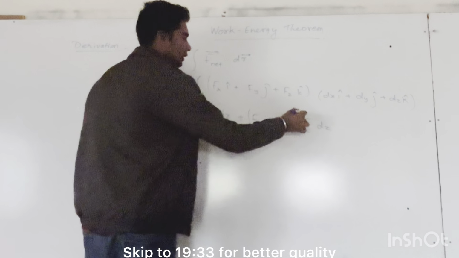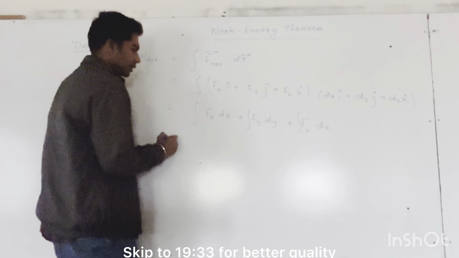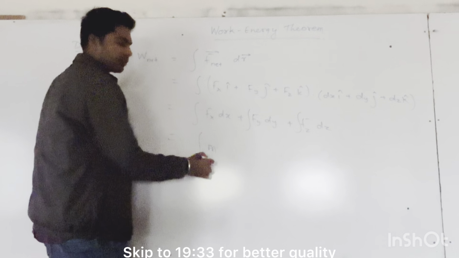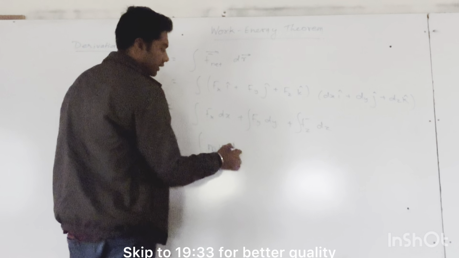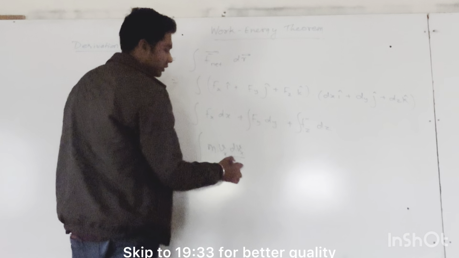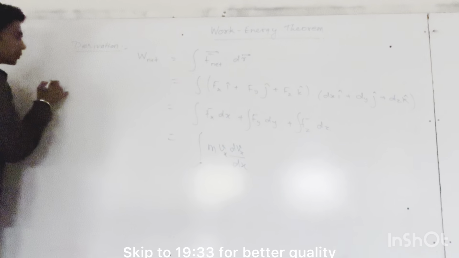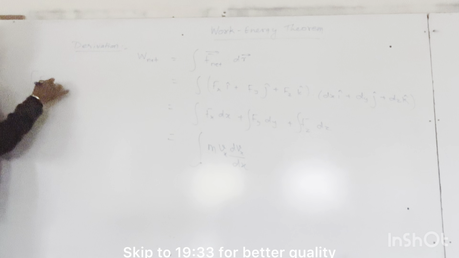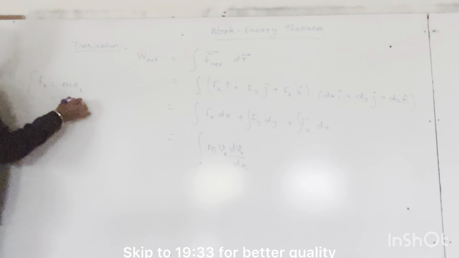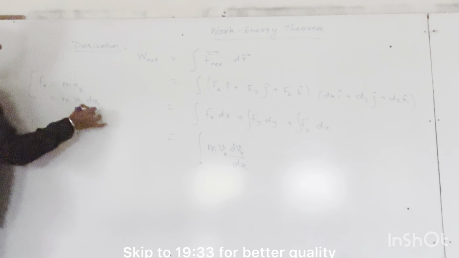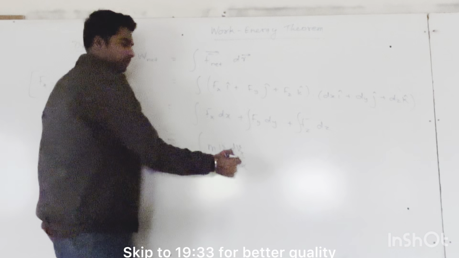And distributing the integrals, we get a situation something like this. Here we can write Fx as m times ax, where ax is vx dvx by dx. What did I do? I wrote Fx as m into ax, which is m vx dvx by dx. Similarly, I will write Fy and Fz.